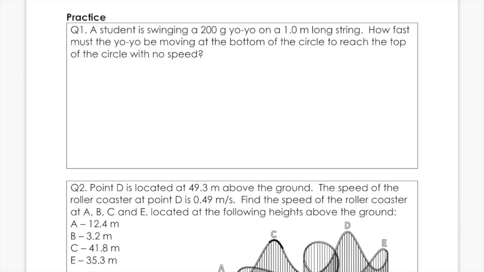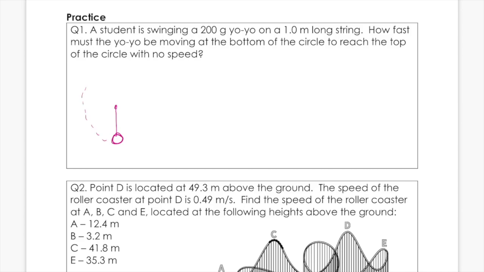So first let's draw the diagram. If I have my yo-yo, which has a mass of 200 grams, which we would need to convert to kilograms, but we'll find that the mass is irrelevant because they'll actually cancel out.